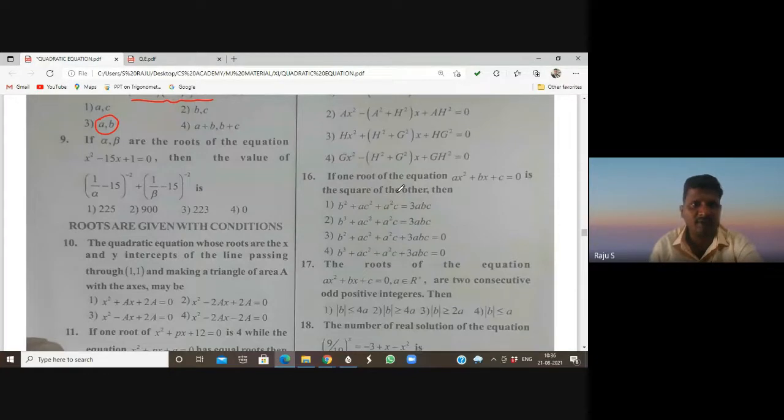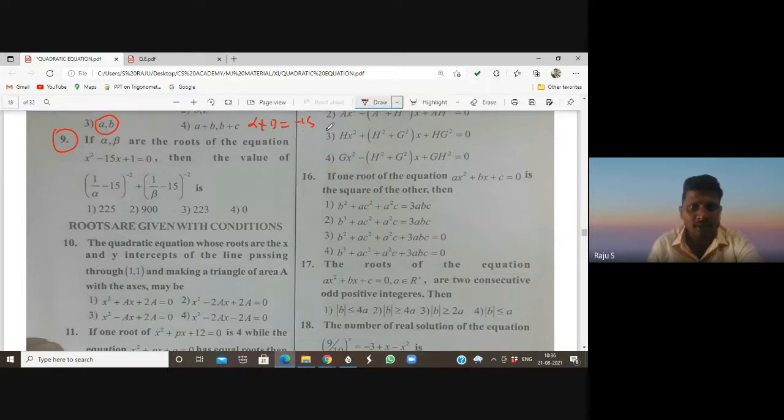Okay, students, you can try question number 9. Alpha, beta are the roots of the equation, alpha plus beta is equal to 15 and alpha beta is equal to 1. See here, it is a simple question. Alpha into beta is equal to 1, so beta is equal to 1 by alpha.